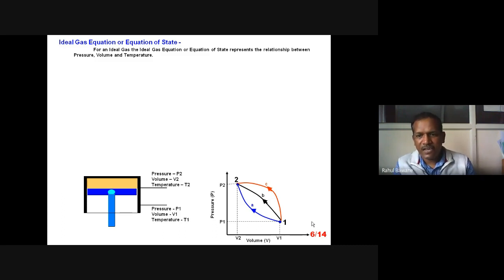So we simplify this. How do we simplify? Our system follows from state 1 to state 2. It might acquire path A, path B or path C. But for simplicity, we can calculate that our system follows first a constant pressure path 1 to D, and then after it follows path D to 2, a constant volume path.